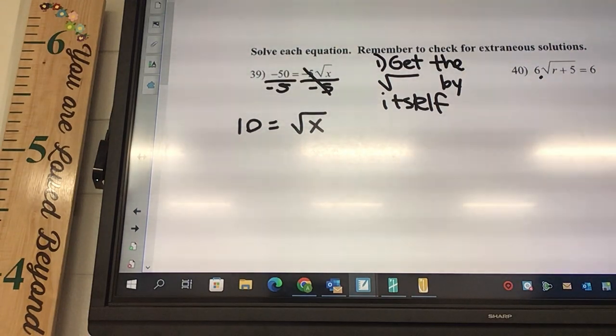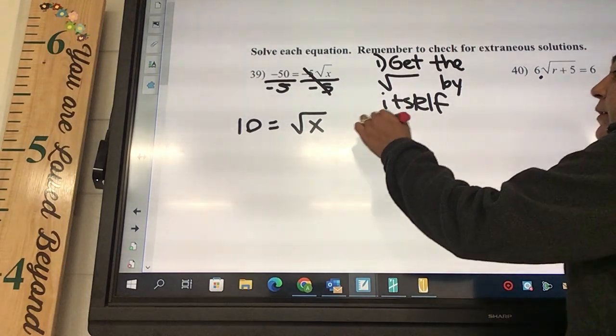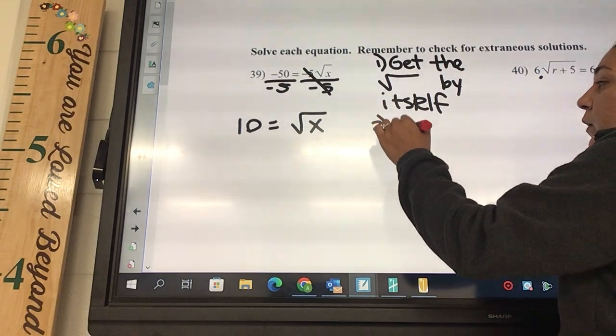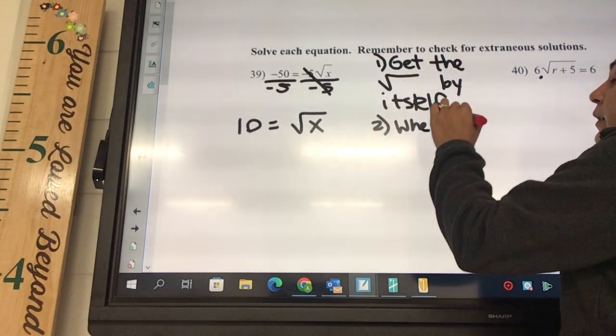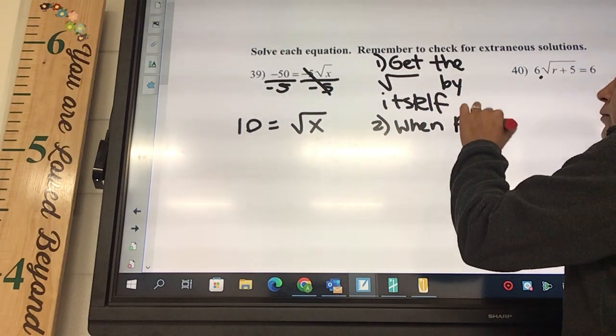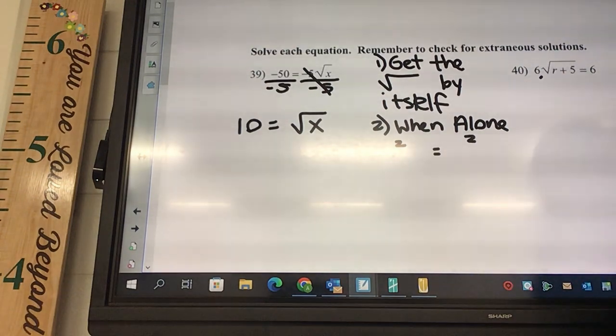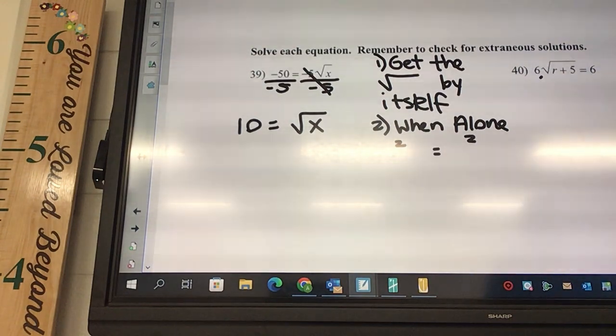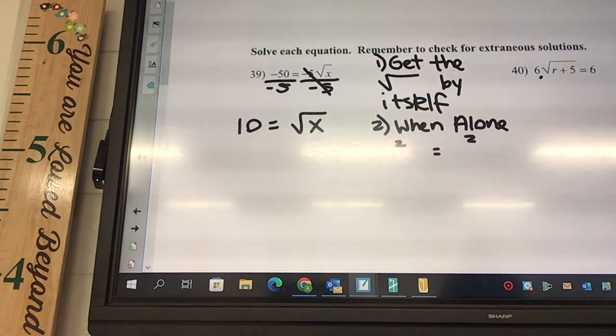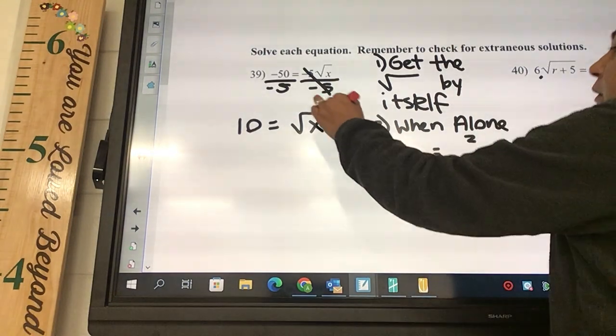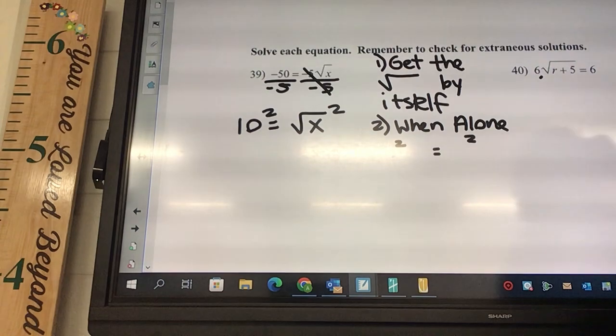Once you have the square root by itself, you're going to square both sides. So when it's alone, then squared and squared. Look at me.